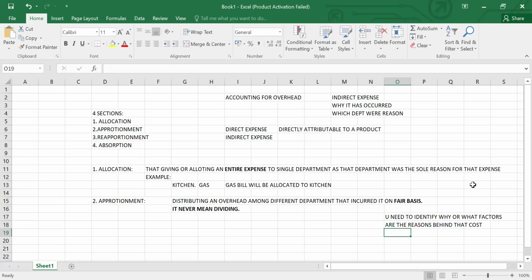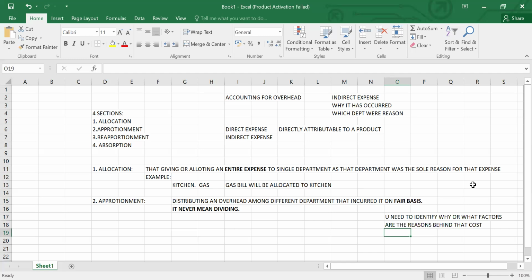When you need to distribute that cost on a fair basis among the departments, you need to identify what are the reasons due to which this cost is increasing.